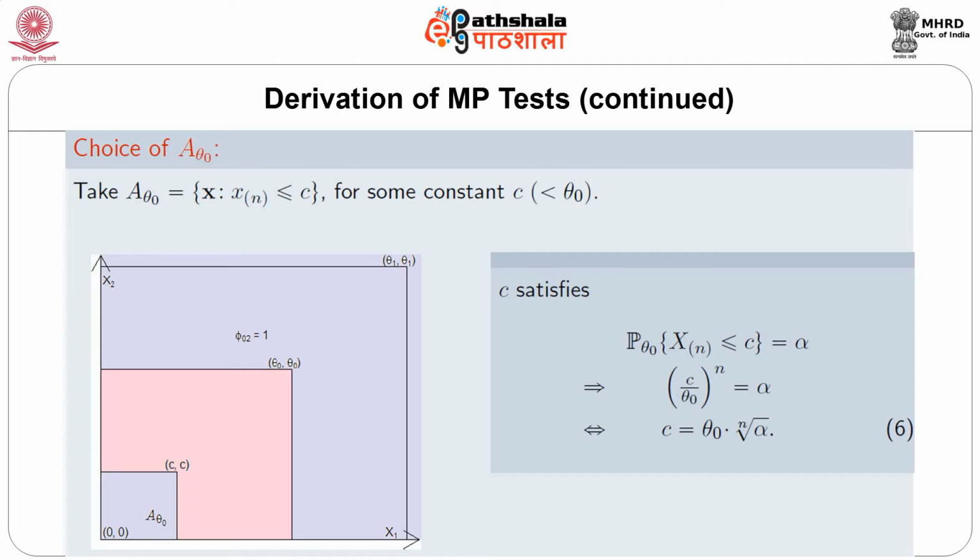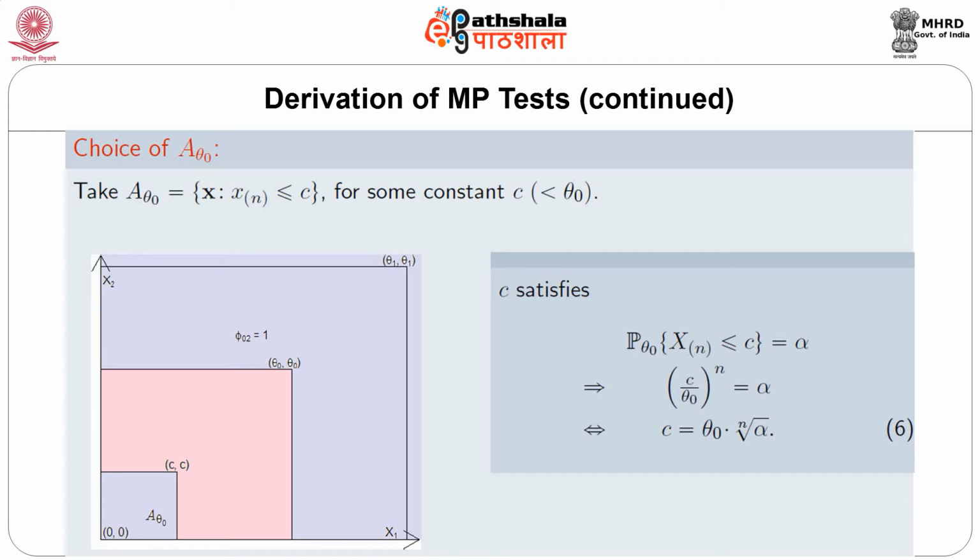So, c satisfies probability x order n less than or equal to c under theta naught is alpha. Now, x order n less than or equal to c means all x1, x2, ..., xn are less than or equal to c.